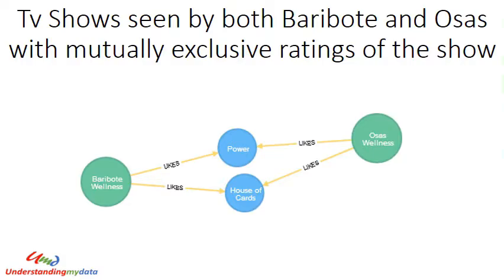The TV show was seen by both Baripoti and Osas with mutually exclusive ratings of the show. You can see that Baripoti likes Power and House of Cards, and Osas likes Power and House of Cards. If you look at the previous slide, you would see that the recommendation system recommended House of Cards to Tari as a TV show that she hasn't seen yet, but has been seen by two individuals who have common ties with her.